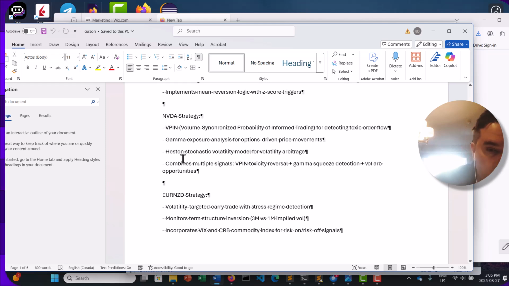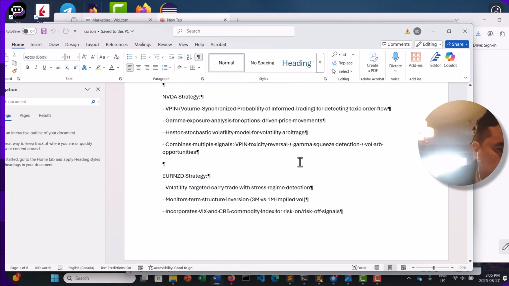All these are commonly mentioned in AI that I've seen the last few days since I've worked on this. Then the Heston stochastic volatility model for volatility arbitrage, using NVIDIA options to find that. You can't get this in the spot market at the usual stock exchange rates that you would pay, or through an ETF.